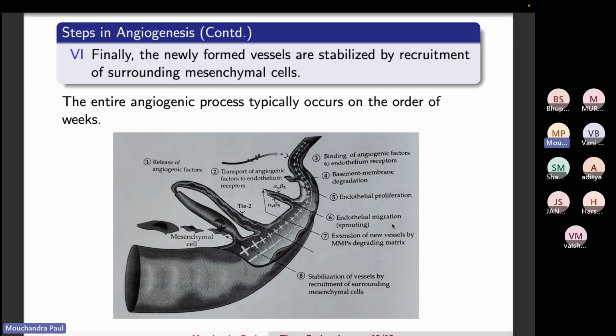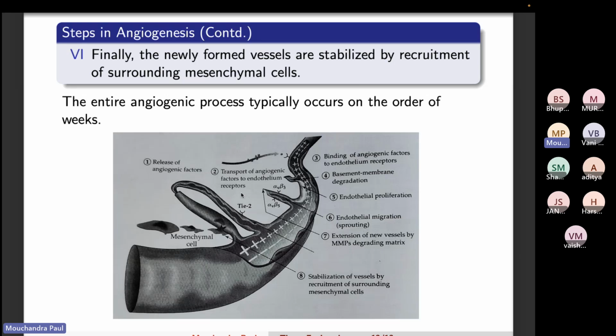Then endothelial cell migration is happening, or sprouting, meaning a small area of the blood vessel has now started to come out, like a sprout. Here the cells are actually migrating and forming a tube-like structure. This sprout is the new blood vessel that is forming.